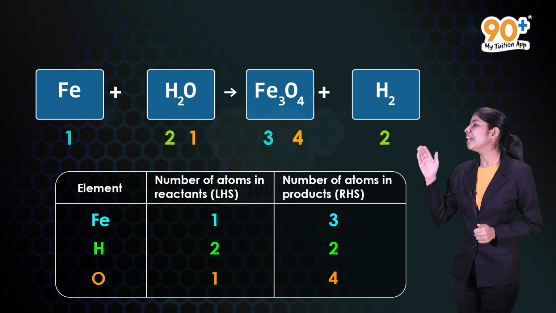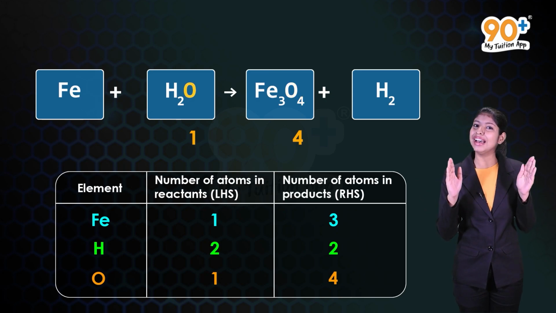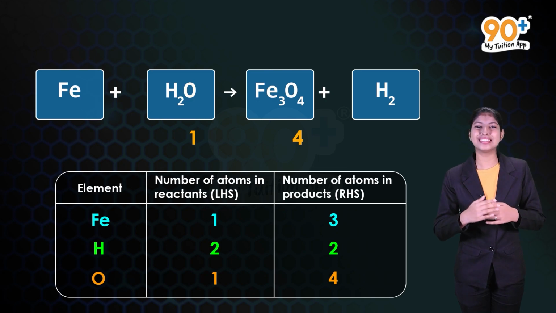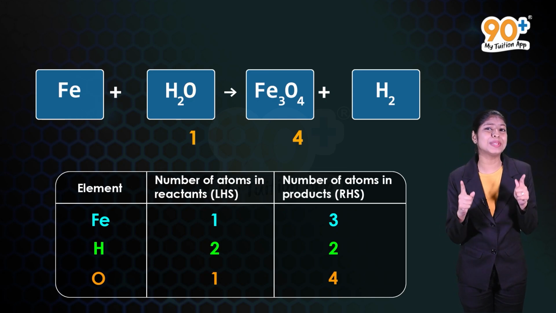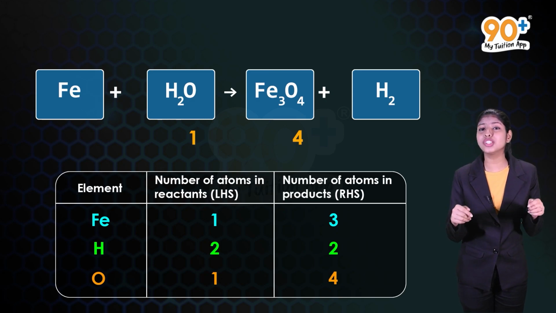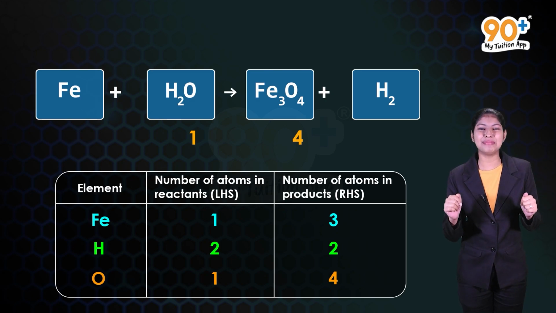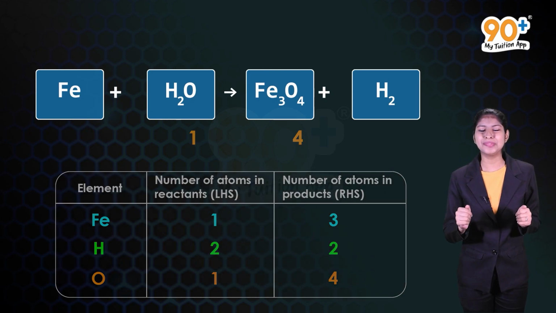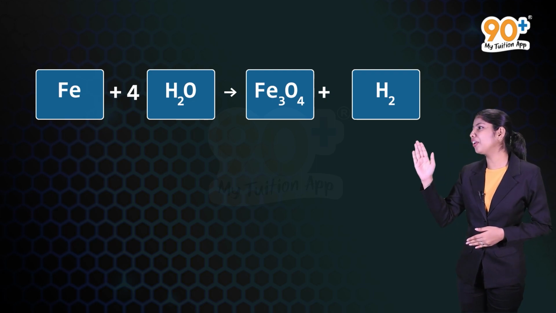Here you can see there are 4 oxygen atoms on the RHS, whereas only 1 oxygen atom on the LHS, right? To equalize the oxygen atoms, keep in mind that we cannot alter the formulae of the compounds or elements involved in the reaction. So you tell me, to balance oxygen atoms, what should we do? Yes, we can put coefficient 4 as 4H2O.